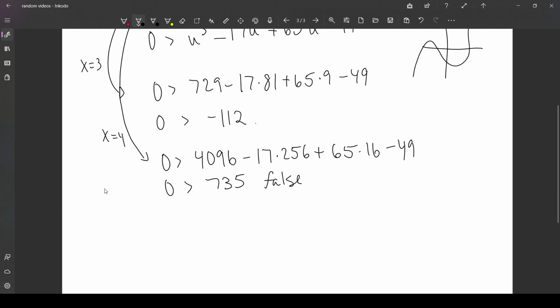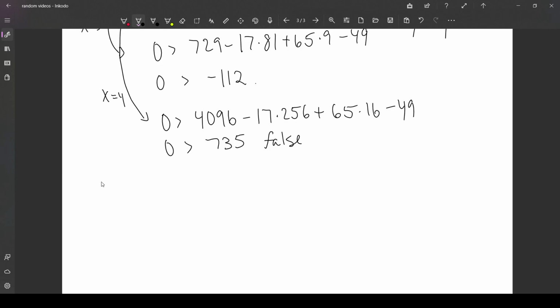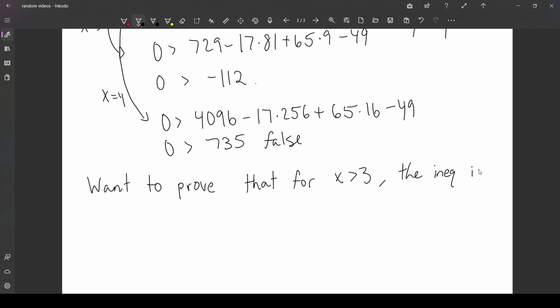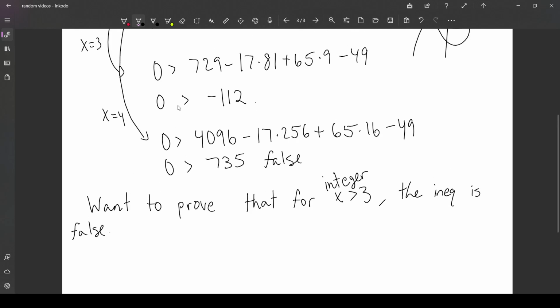So we want to prove that for integer x greater than 3, the inequality is false. So how do we show that?